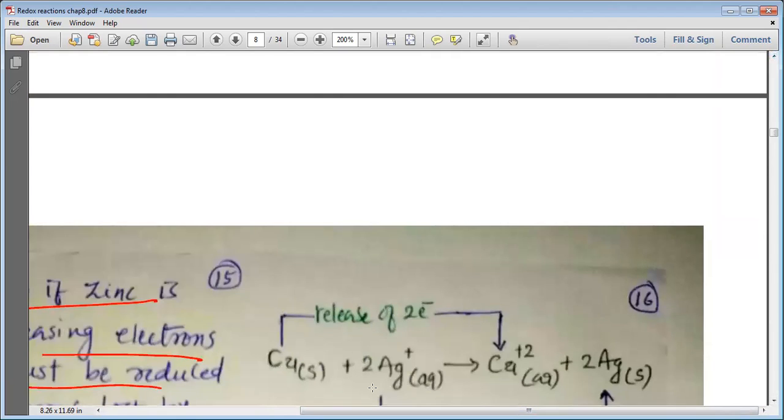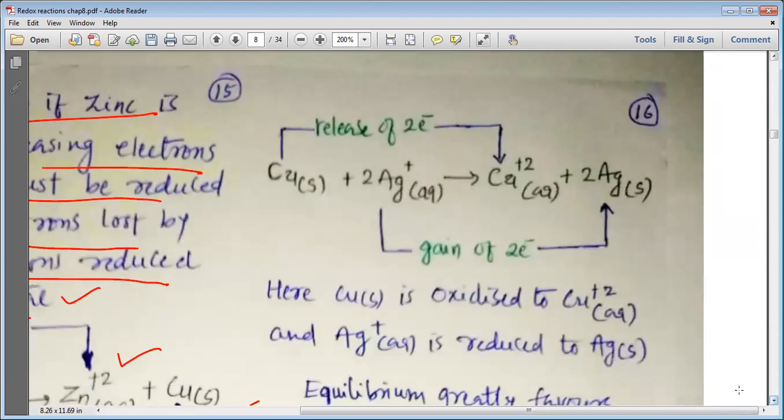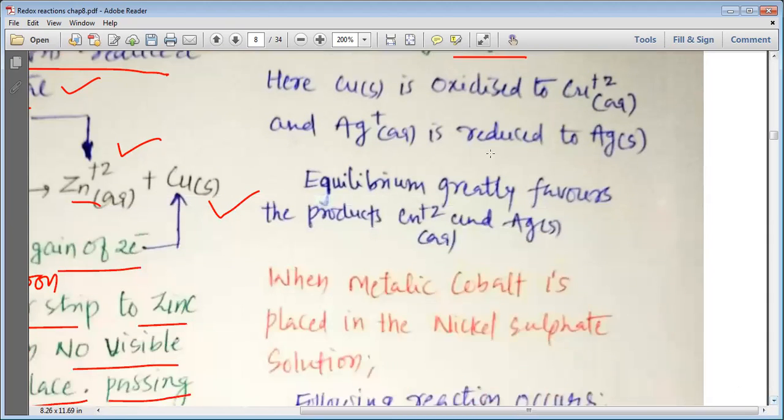You can see here the same reaction I have written, that copper releases 2 electrons and turns out to be Cu plus 2. Silver gains these electrons and turns out to be silver solid. Here copper solid is oxidized to Cu plus 2 aqueous and Ag plus aqueous is reduced to Ag solid. Equilibrium greatly favors the products, Cu plus 2 ions and silver solid.